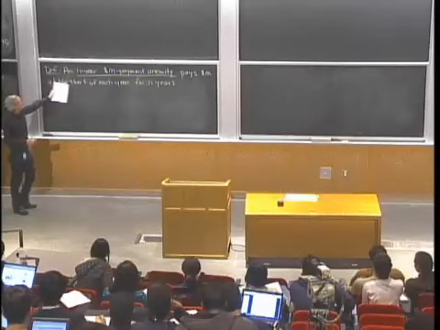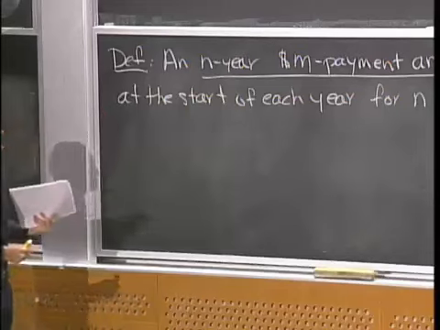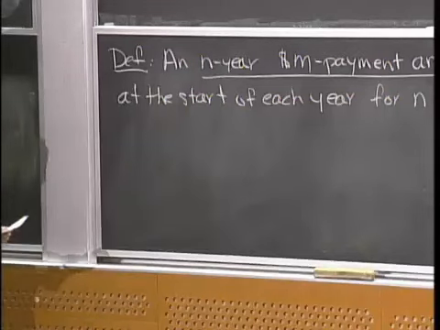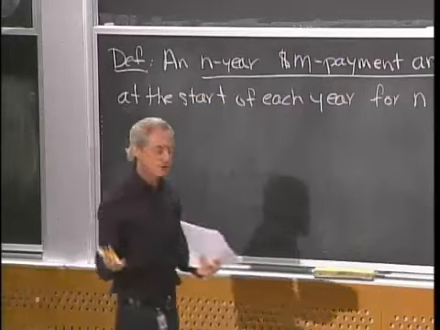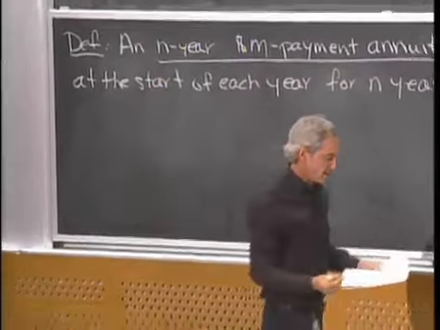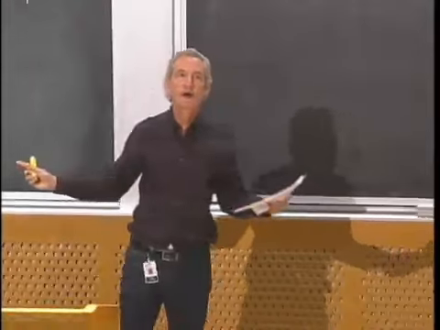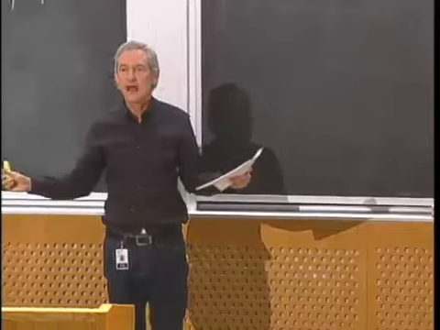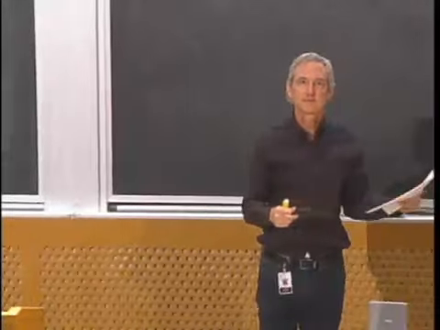What is this instrument, a piece of paper that says it'll pay you M dollars at the beginning of each year for N years, what is that worth today? For example, say I gave you a choice, the megabucks choice, $50,000 a year for 20 years or $1 million today. How many people would prefer the $50,000 a year for 20 years? A few of you.